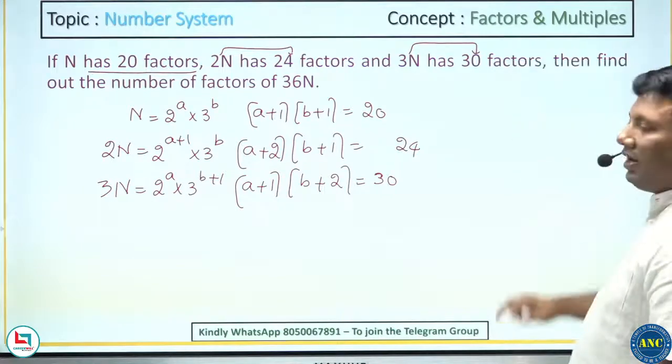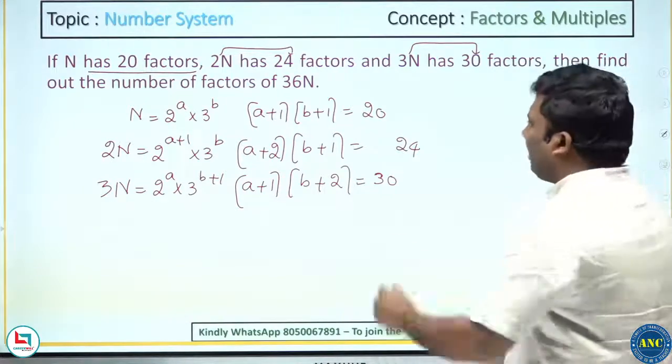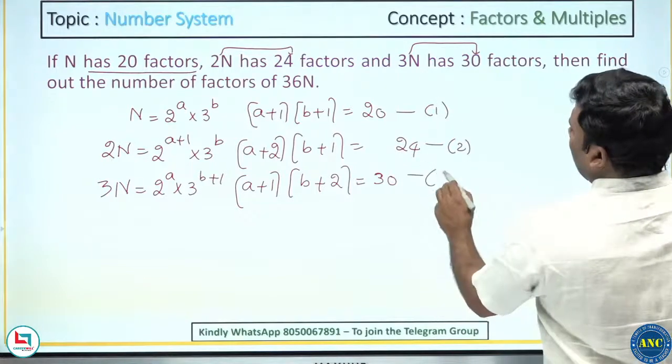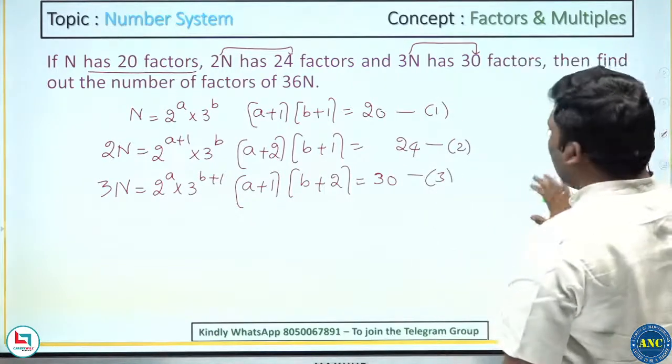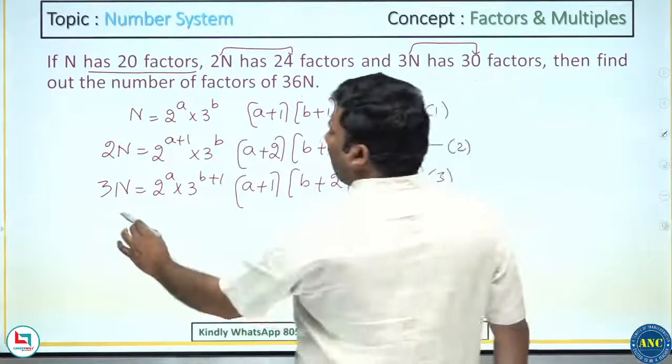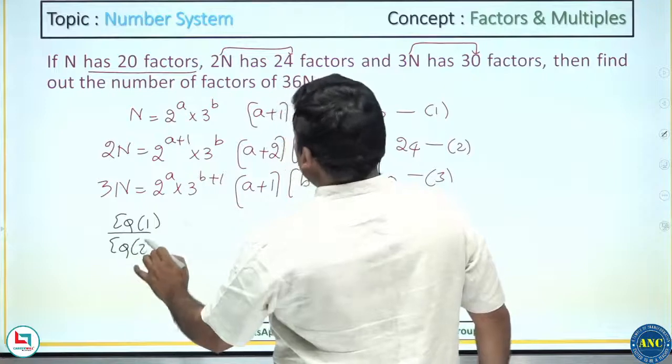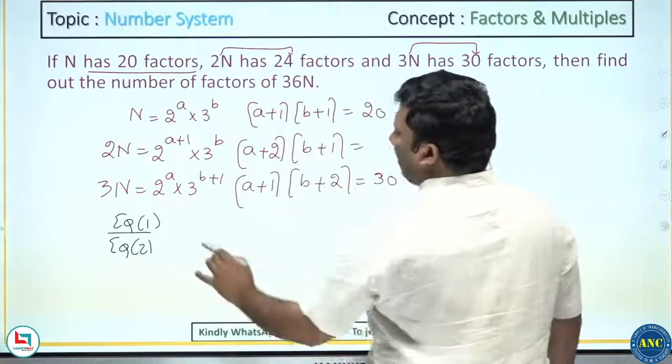Now, just by looking at the question itself, you will get the answer. These are equation 1, equation 2, equation 3. If I divide equation 1 with equation 2, B plus 1 and B plus 1 cancel.